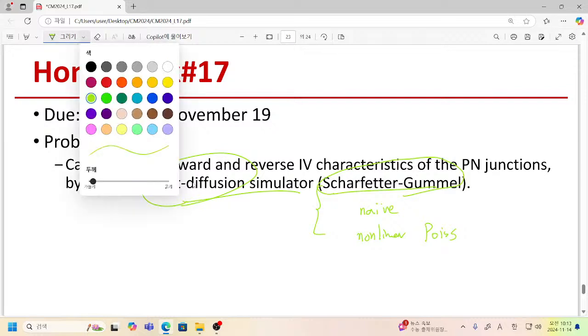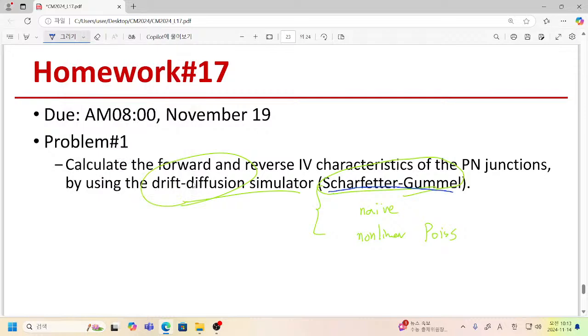If your result does not show almost identical solutions at equilibrium, something is wrong. In my opinion, you must concentrate on the relation between the Scharfetter-Gummel scheme and the nonlinear Poisson equation. We can show that the Scharfetter-Gummel scheme reduces to the nonlinear Poisson equation at equilibrium. So if you have problems in your Scharfetter-Gummel code, please always try to check against the solution of the nonlinear Poisson equation.